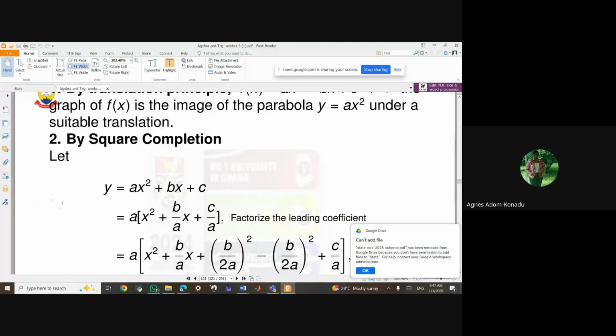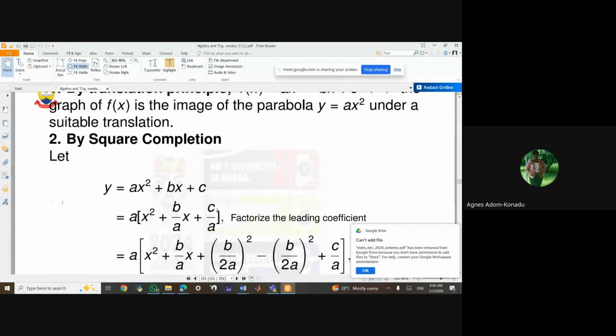Then by completing the square, we do this. If I have y is equal to ax squared plus bx plus c, then as our sister asked, I decided to factorize the a out. Then I will include the c in the bracket. So I have a outside, x squared plus b over a x plus c over a.